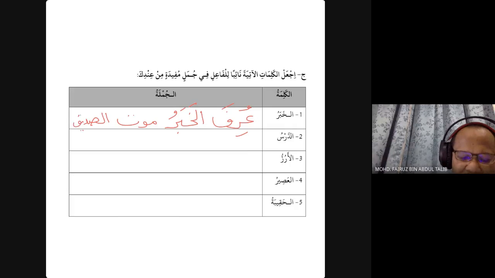The news of the death of our friend. But of course, when you have this combination of khabar and maut, the news of, then you have to remove the alif lam. So the sentence becomes Urifa khabaru mauti sadiqi, or as-sadiq. Yes, but the first part must be in the majhul form.